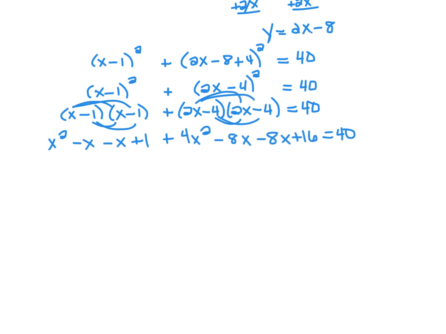Now, we could see here we do have a lot of like terms to combine. But while I do that, I'm also going to get this side of the equation set equal to 0. So let me just subtract 40 from both sides of the equation. Okay, so we have equals 0 on the right. On the left we have, let's see, x squared plus 4x squared would be 5x squared.